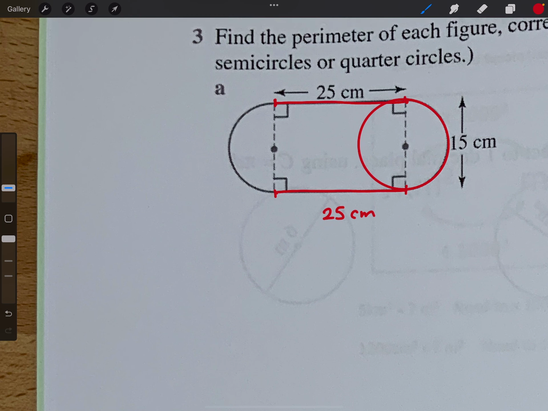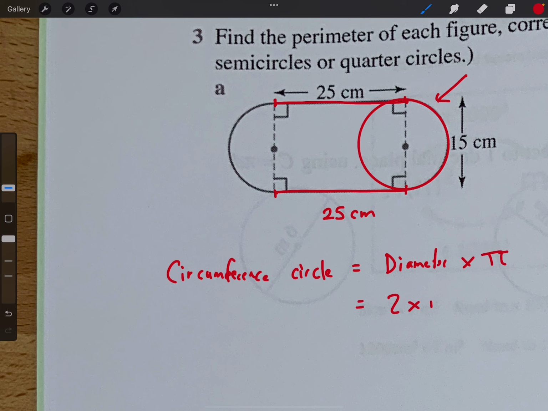Now, if I want to find the circumference of this whole circle, the circumference of this circle is equal to diameter times pi, or you could say 2 times radius, which is the diameter, times pi.